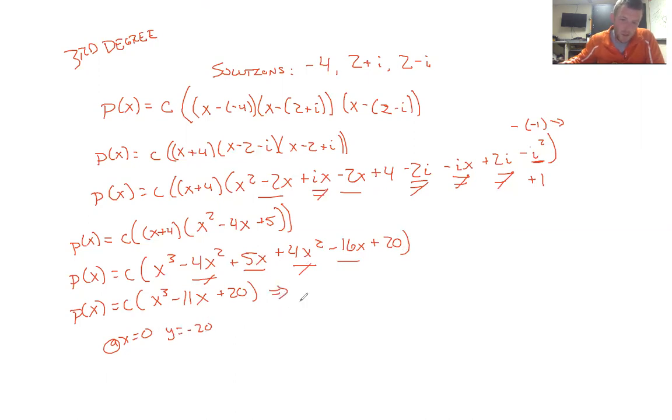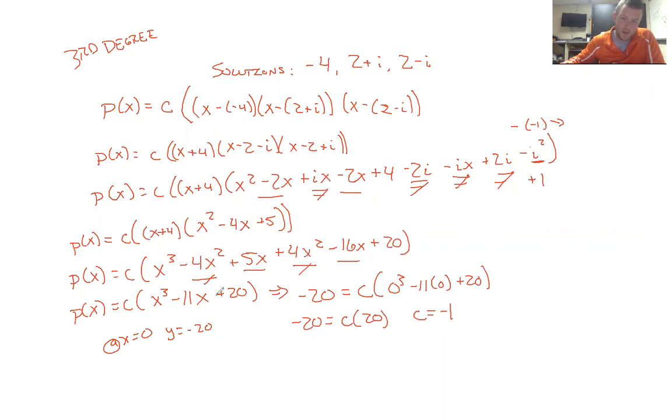So with this information, I could say -20 is equal to whatever c value times 0 cubed minus 11 times 0 plus 20. And I got to solve for c. So that would say -20 is equal to c times 0 cubed is 0 minus 0 plus 20. So -20 is equal to c times 20. So divide off 20 and I get c equals -1.